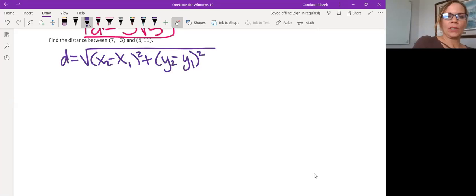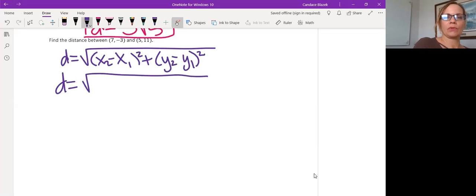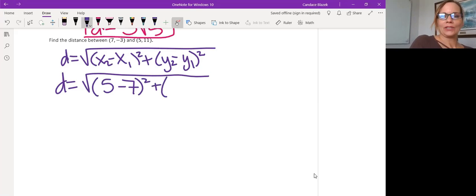Right, we'll fill in what we know. And we know that again, the first point, 7, -3, is my x1, y1. And the second point, 5, 11, is my x2, y2. So x2 is 5 minus x1 is 7 squared plus y2 is 11 minus y1, minus a -3. And then I'm going to square it.